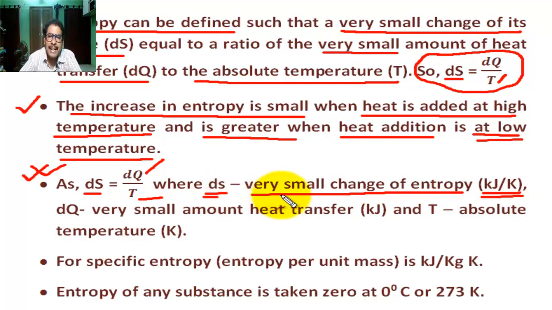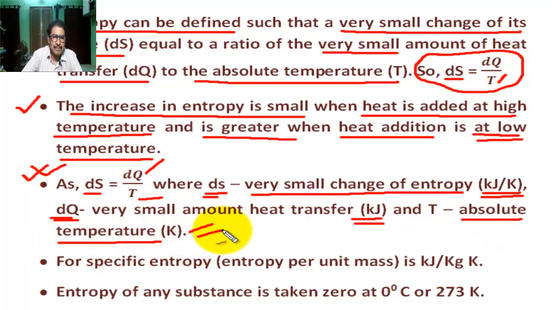Entropy is denoted by kilojoule per Kelvin. dq, the very small amount of heat transfer, is in kilojoule. T is the absolute temperature, it is in Kelvin. Okay.